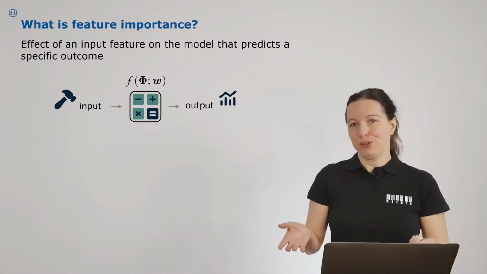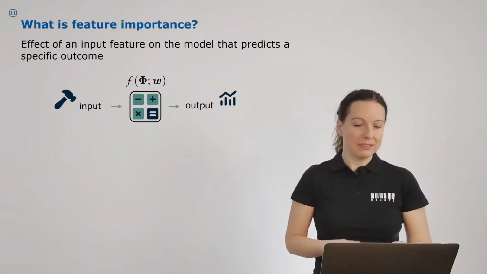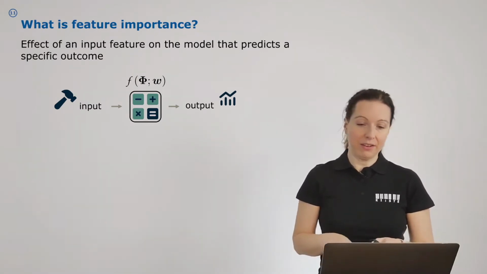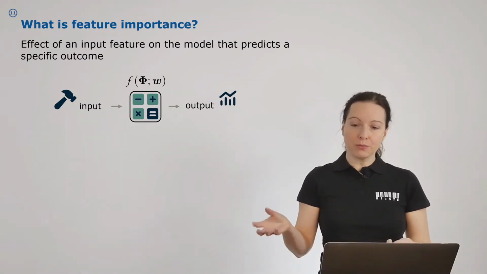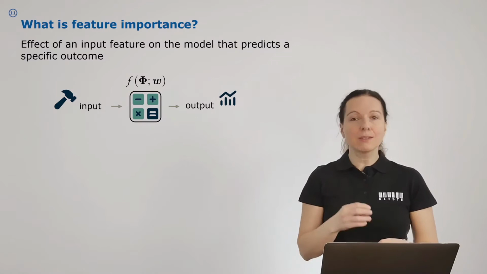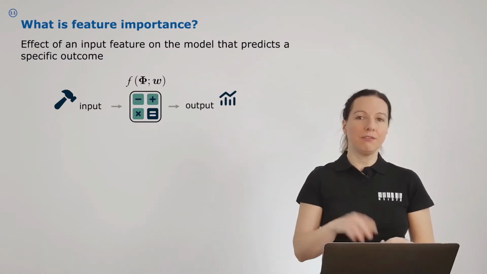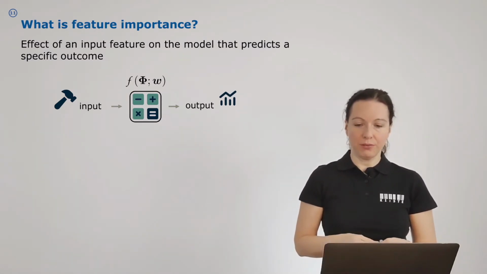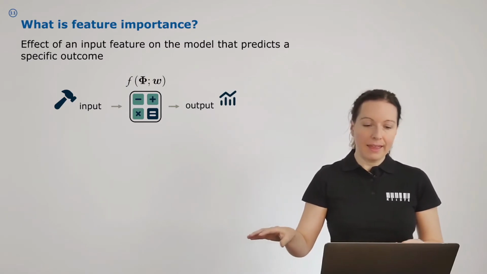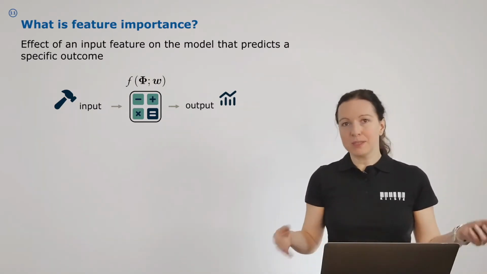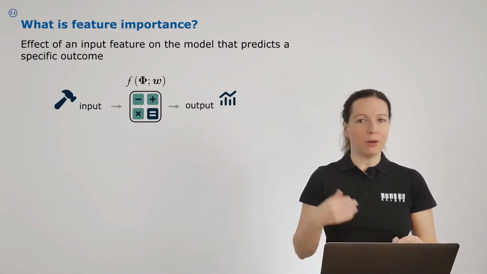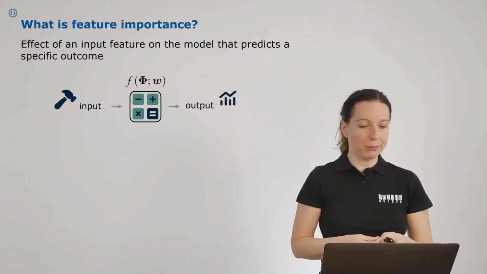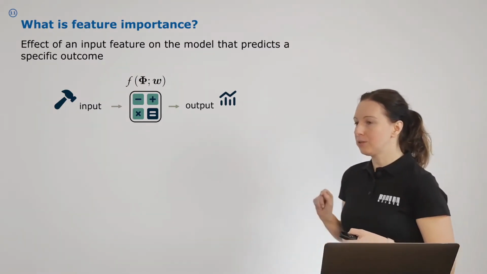What is actually feature importance? Feature importance refers to techniques that calculate a score for input features for a given model, and the score simply represents the effect or the influence of each feature onto the model. A higher score means the specific feature has a higher influence or a higher effect on the model output. And this is illustrated here.